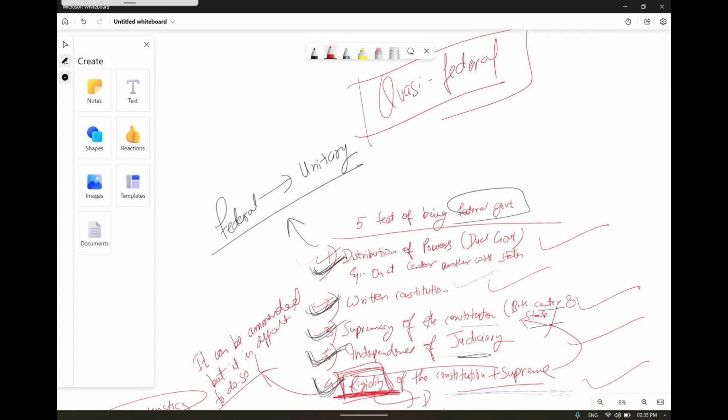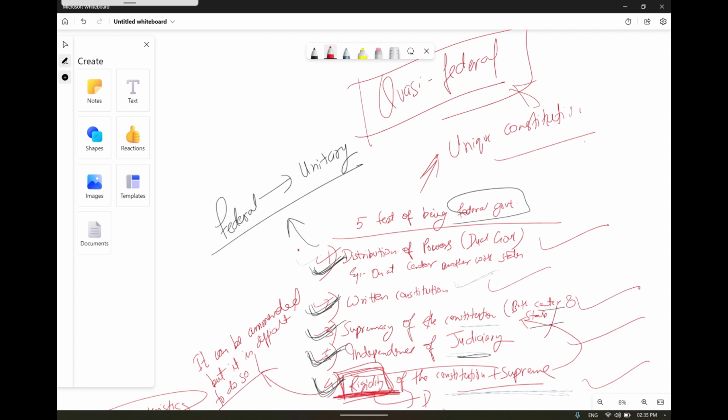So I'm telling you one provision: we say that our judiciary is independent, but in that case also the appointment of judges is by the president itself. So that's why our Indian constitution is called a unique constitution, that is, quasi federal.